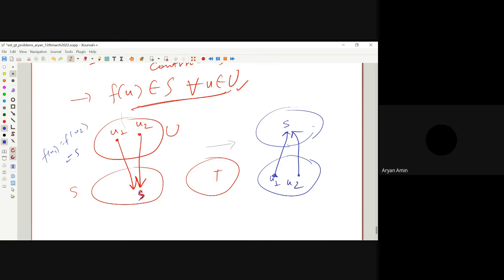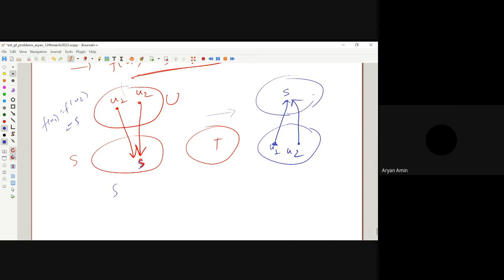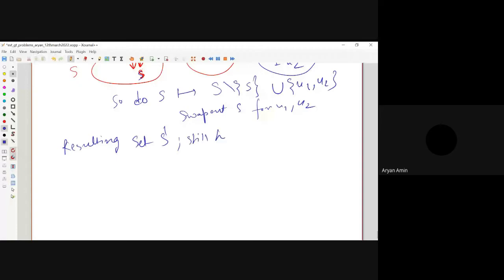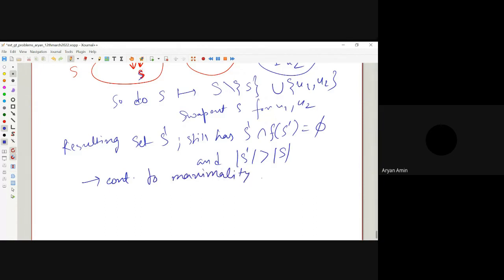S' still has the intersection with f(S') equal to phi, and the size of S' is greater than the size of S. So this again is a contradiction to maximality of S. So this can't happen.